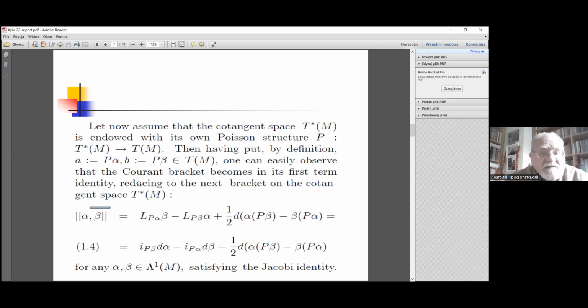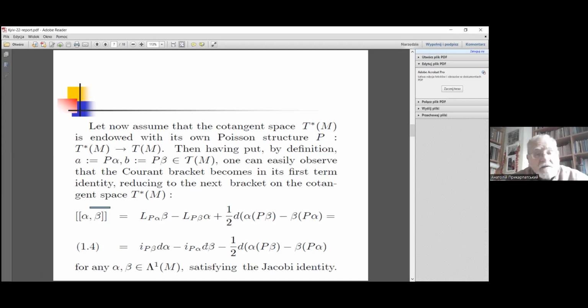So we see that this reduced current bracket becomes, in its second term, identically reduced to the bracket on the cotangent space. And one can also easily check that this bracket on the cotangent space also satisfies the Jacobi identity.